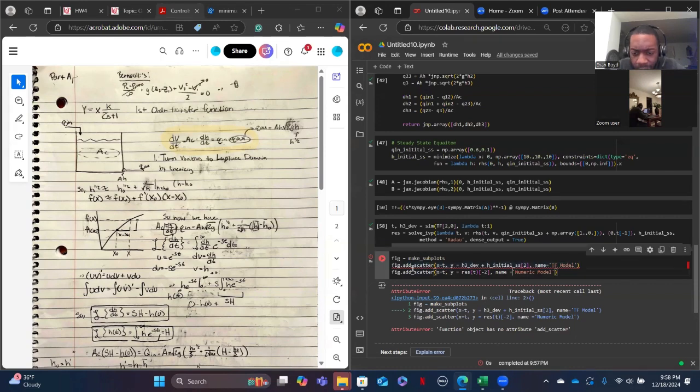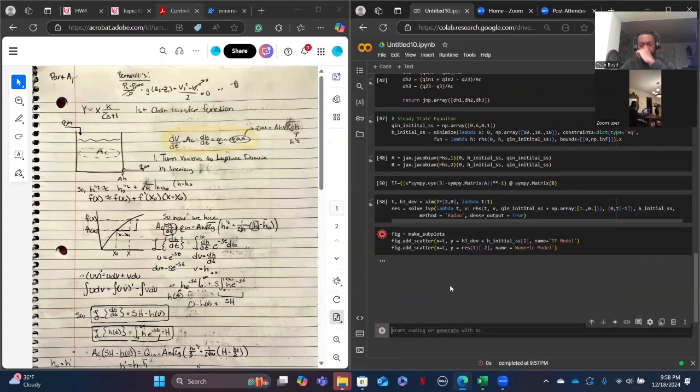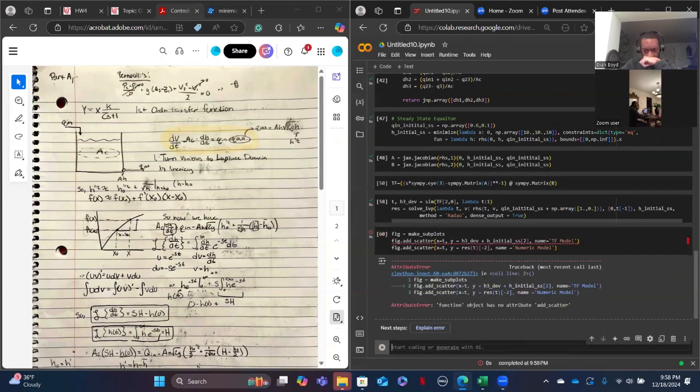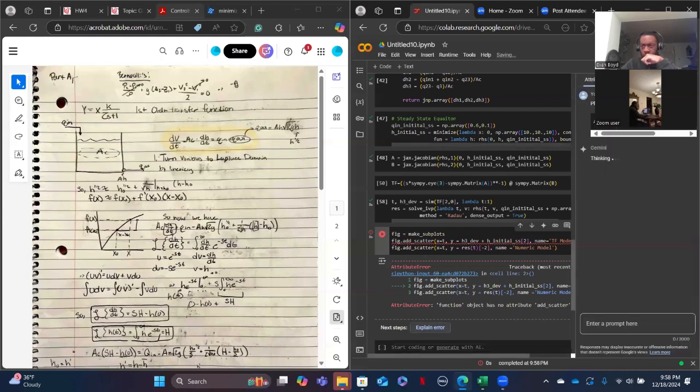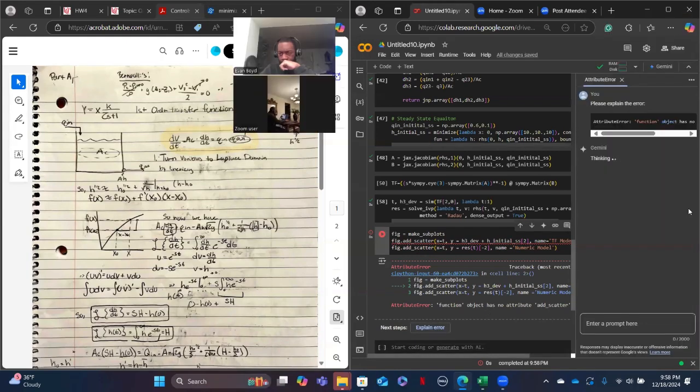What do you mean it doesn't have fig dot add scatter? That is spelled wrong. What do you mean it doesn't have fig dot add scatter? Well, this is definitely right. Function object has no. Hold on, what? Let me see.